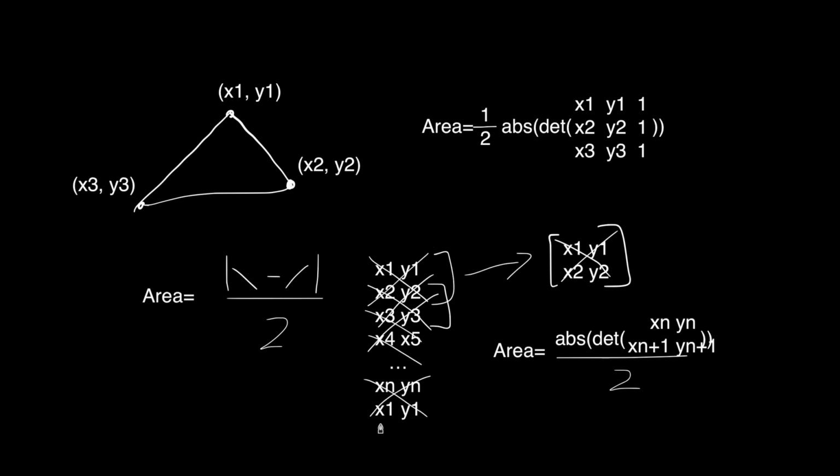So yeah, if we say that this is equal to m, then we basically find the area of the polygon inside M by just dividing M into smaller 2x2 matrices and adding the determinants of all of them.